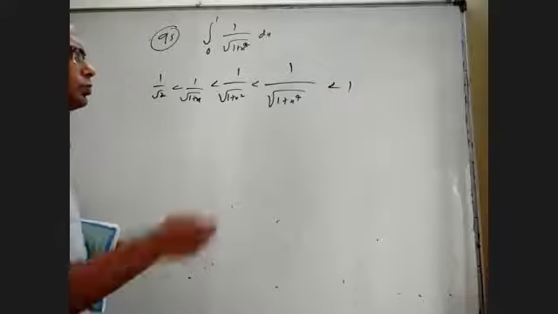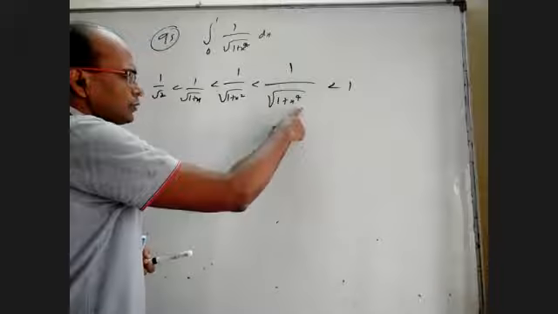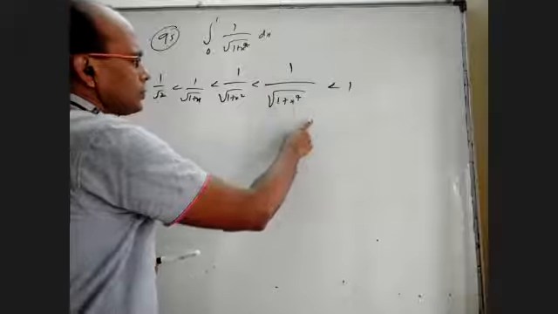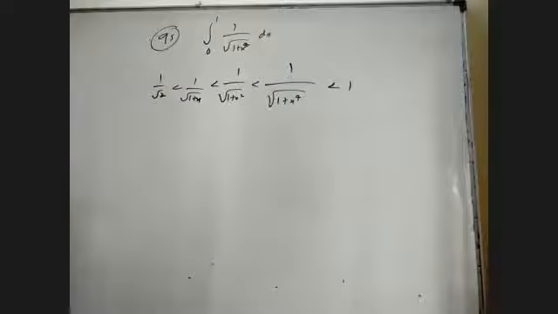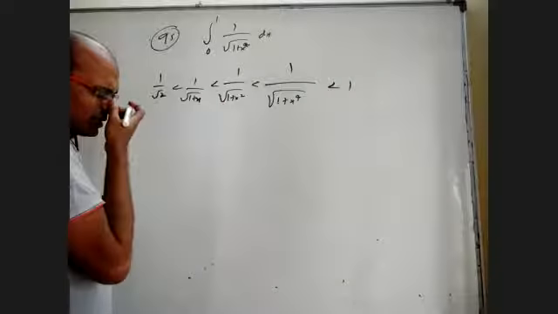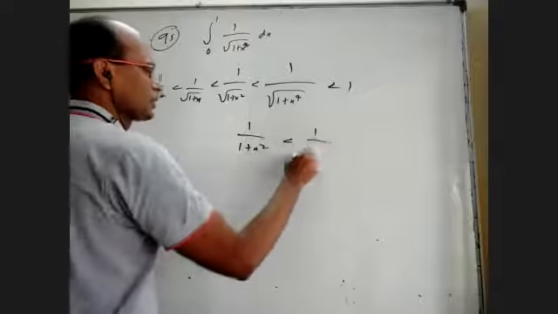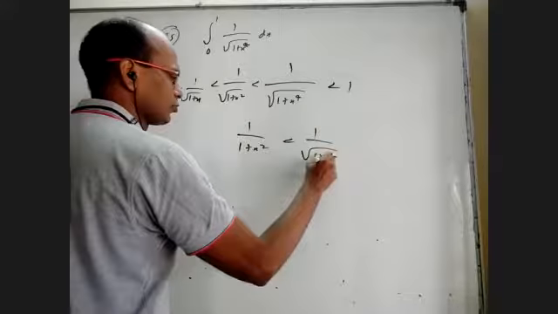Let us say I add 2x square here. Then I'm increasing the denominator, so the total should decrease. Okay, where to insert this I have to see, but I think 1 by 1 plus x square is also less than 1 by root 1 plus x power 4.